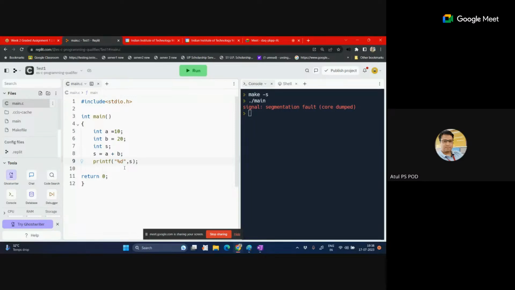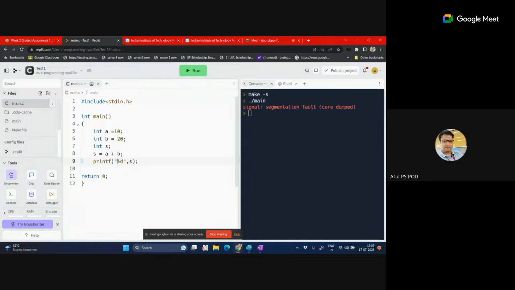If you want to print a character value, you will write percent c. There are other format specifiers also. Just start with the basics and later you will learn the other specifiers. So for printing the integer value you need to write percent d.